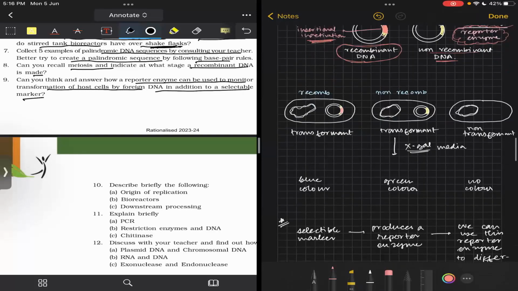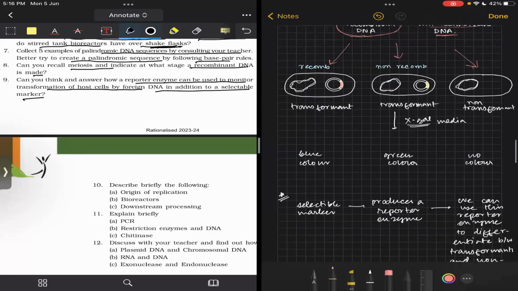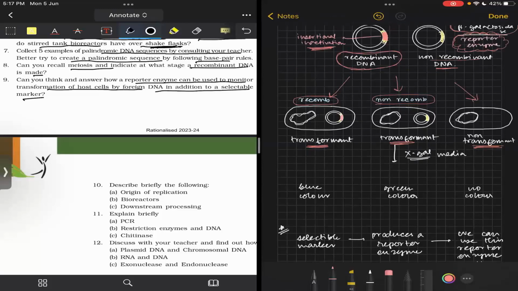So there are 3 types of cells that we can get in the solution. One is non-transformant, another 2 are transformants. And in transformants also, we get non-recombinant types and recombinant types. So in non-transformants, the plasmid is not introduced. So these are non-transformants.